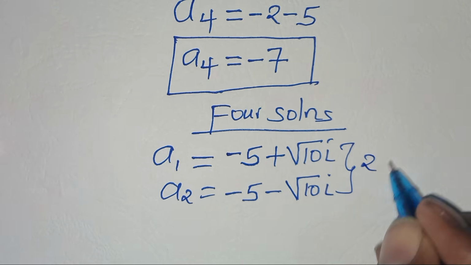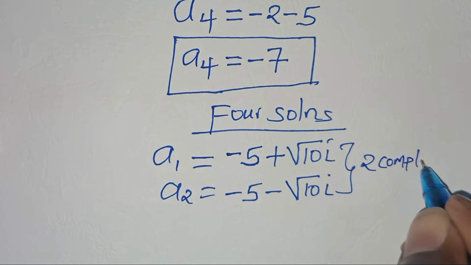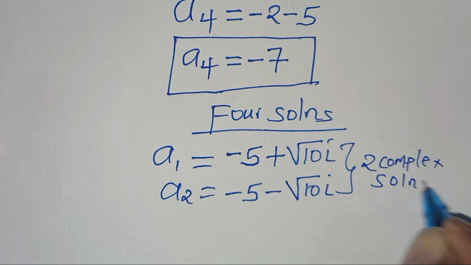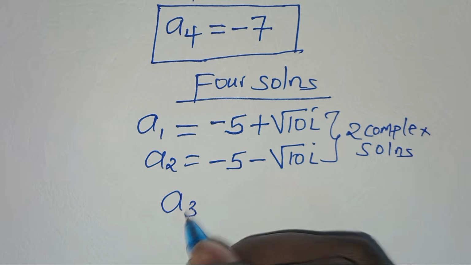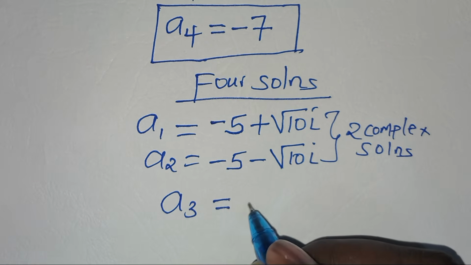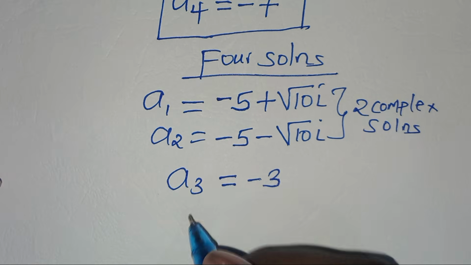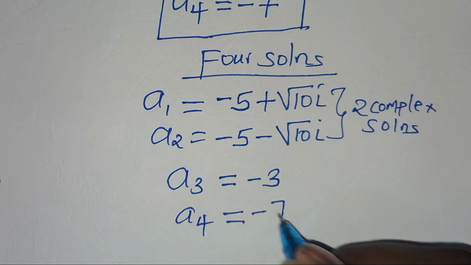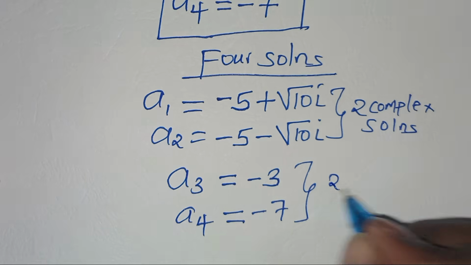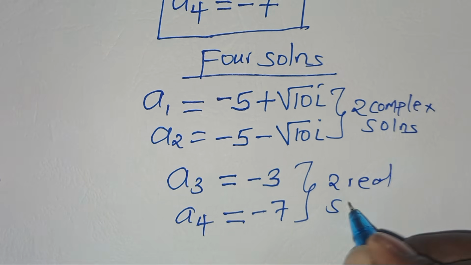And now we have a3, which is equal to negative 3, and we have a4, which is equal to negative 7. These are 2 real solutions.